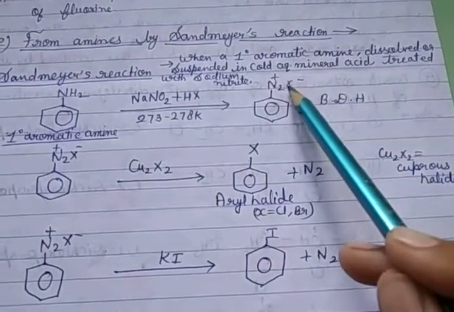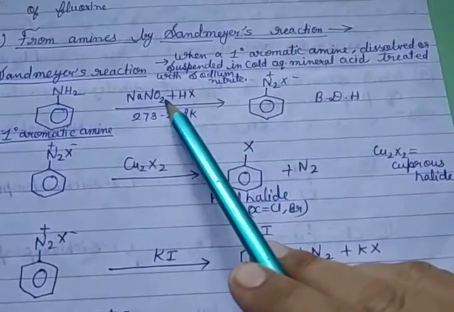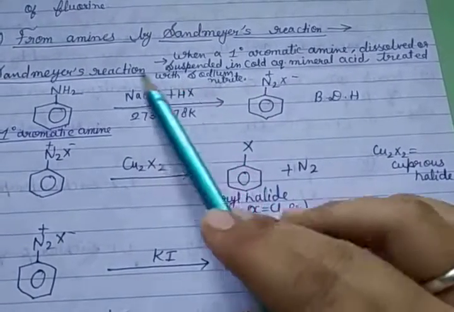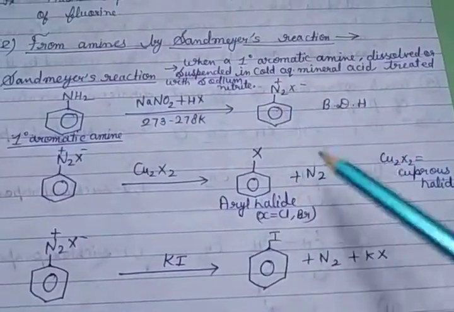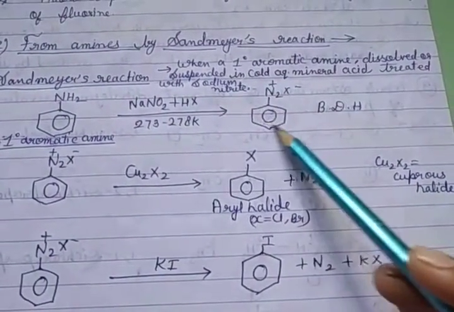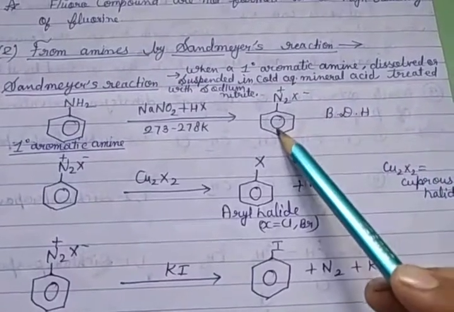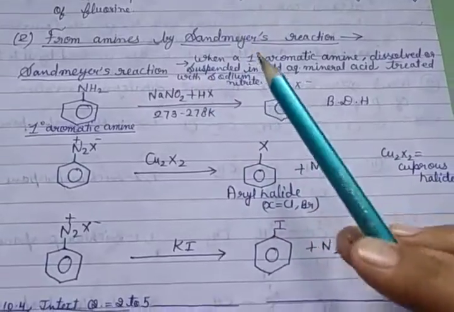So N2 plus X minus is attached with benzene, and its name is benzene diazonium halide.